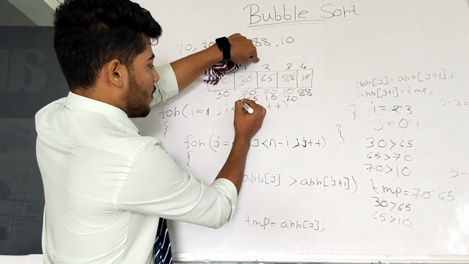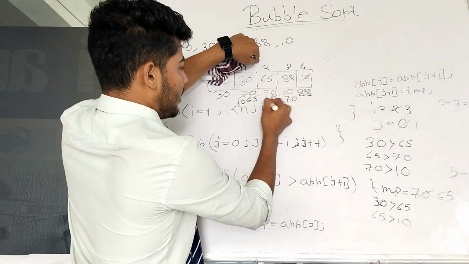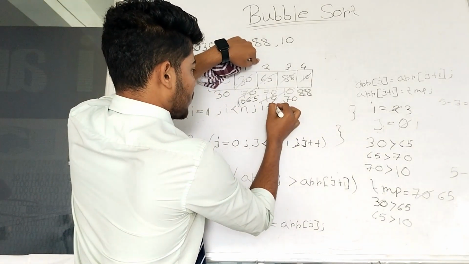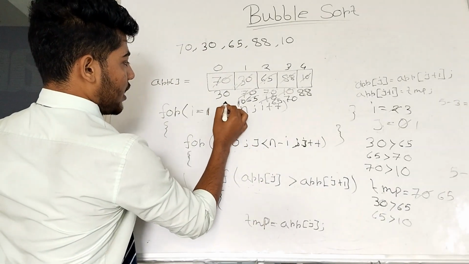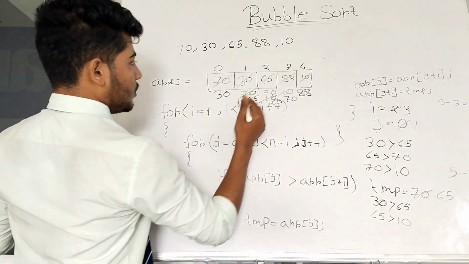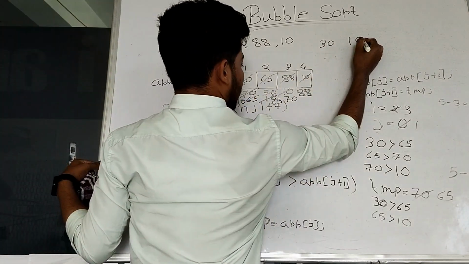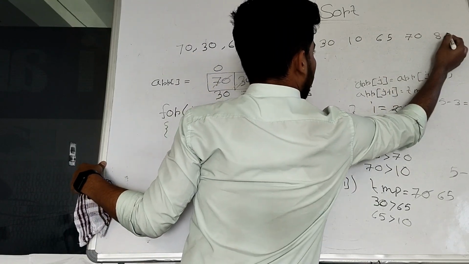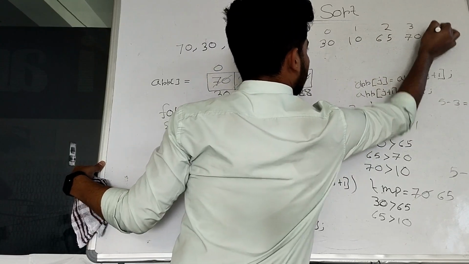arr[j+1] means this position will be tmp, which is 65. So 65 comes here. Now there is 30, 10, 65, 70, 80 at indices 0, 1, 2, 3, 4.